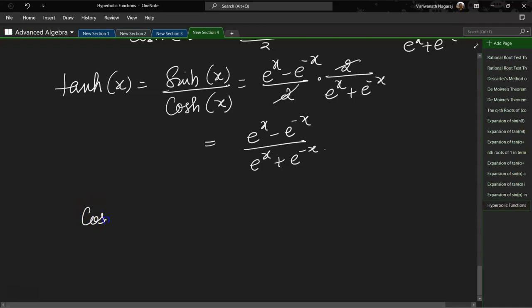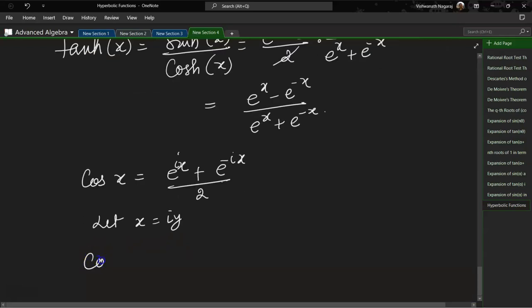So cos x we know is e to the power of ix plus e to the power of minus ix by 2. Okay, now let x equal to iy. So let's do the substitution. We get cos iy is equal to e to the power of i times iy plus e to the power of minus i times iy by 2.